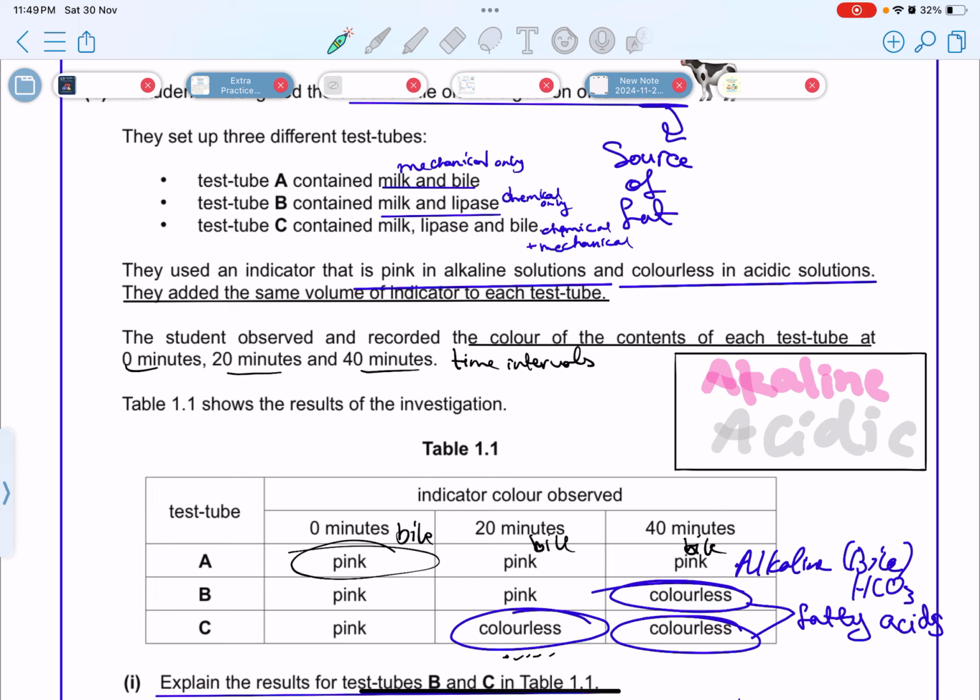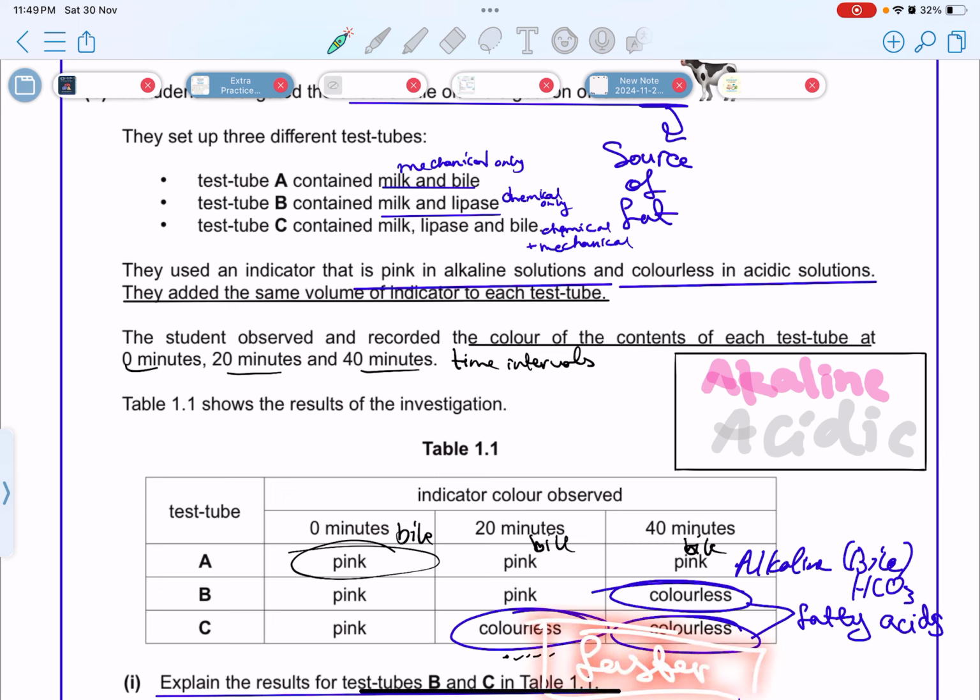In B, however, it's pink in 0 minutes, pink in 20 minutes, and colorless in 40 minutes. Let's take a look at B again. It's milk and lipase. So yes, fats are digested into fatty acids. There are fatty acids produced. C, however, the colorless is going to appear 20 minutes earlier than B. So it's going to appear faster.